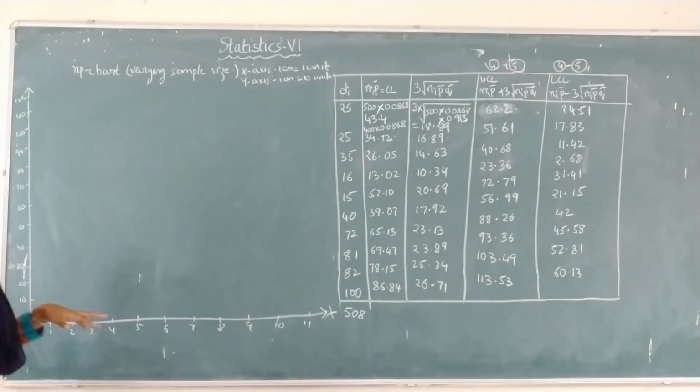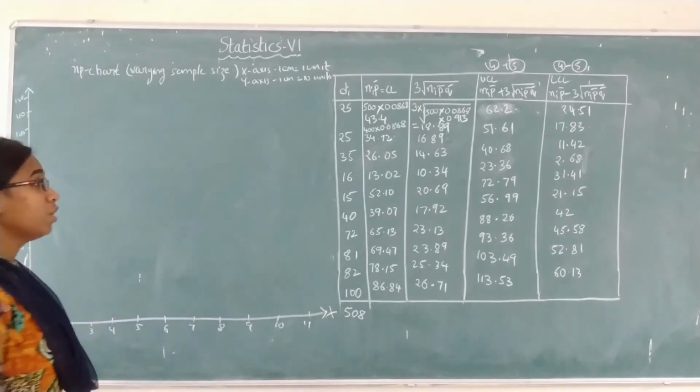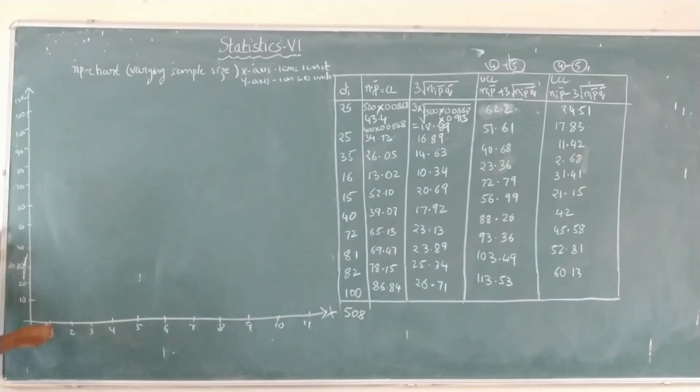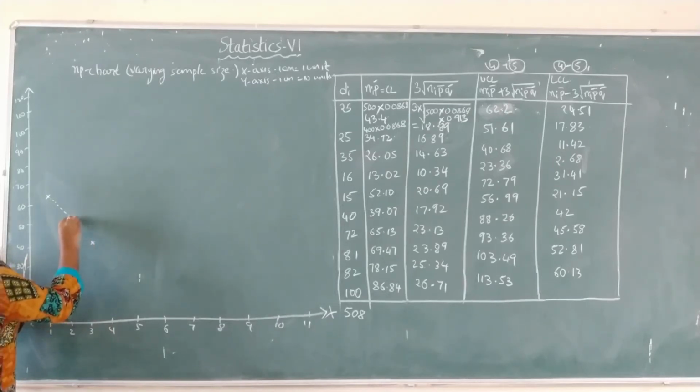Now first plot the UCL values. For the first sample, the UCL value is 62.2. Mark it, and the second value is 51.61. Join it with a dotted line. Similarly, the next one is 40.68.